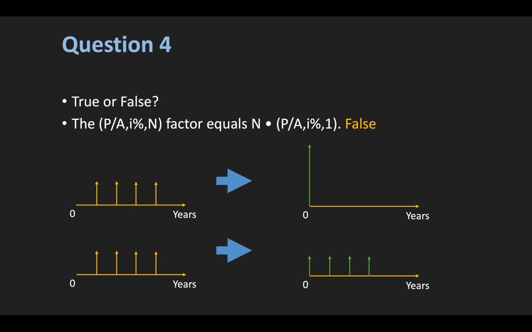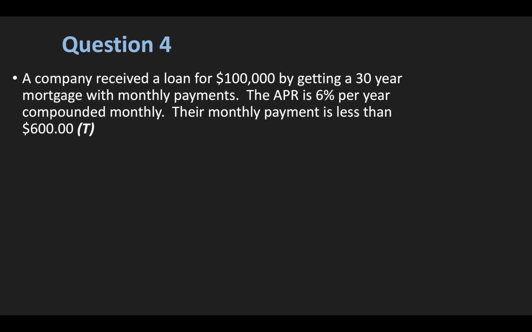Okay, so there's another question. A company received a loan for $100,000 by getting a 30-year mortgage with monthly payment. The APR, the interest rate, is 6% per year, compounded monthly, and their monthly payment is less than $600.